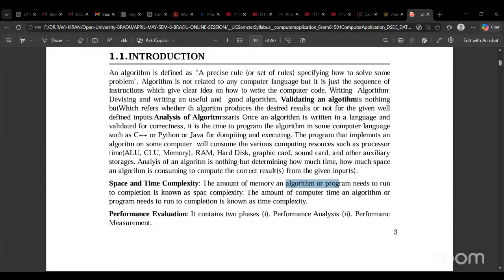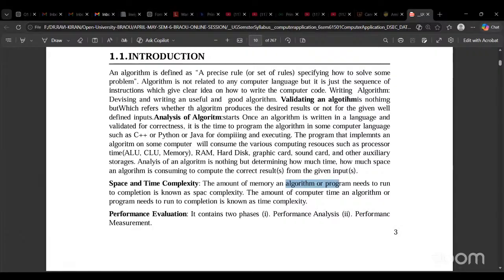The algorithm can be validated once it is written in any programming language. The algorithm can be implemented with programming languages which are called C++, C, Python, Java, others.